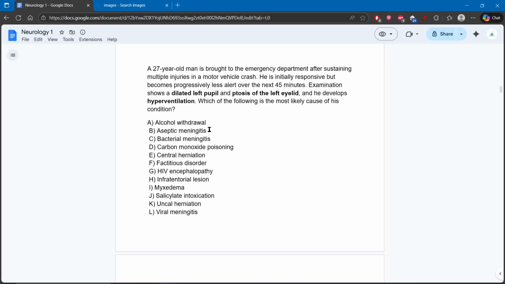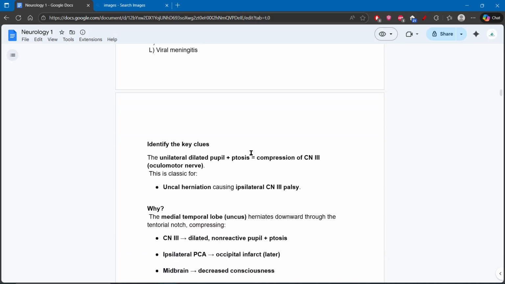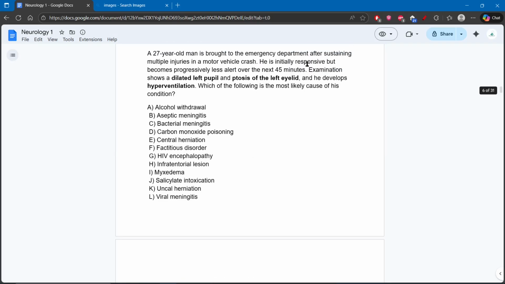All right, so hopefully you've read this question. First of all, we need to identify what the key clues are given in the question. I've also highlighted a few, and something you want to keep in mind is that you always want to look at the age and mostly what setting the patient is presenting in, such as in this case, the emergency department.